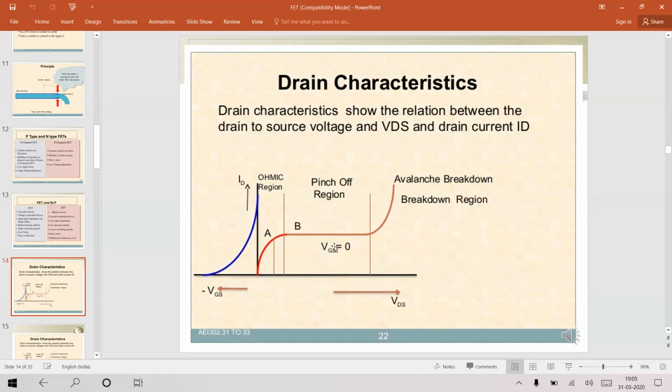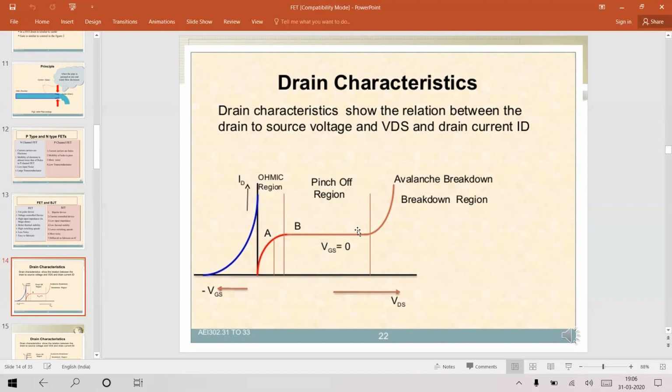When VGS is kept at 0 and you increase VDS, ID also increases. What is happening here? I have marked it as the ohmic region, meaning the resistance is reducing and current is increasing. The variation in resistance is measured in ohms, so we call it the ohmic region.